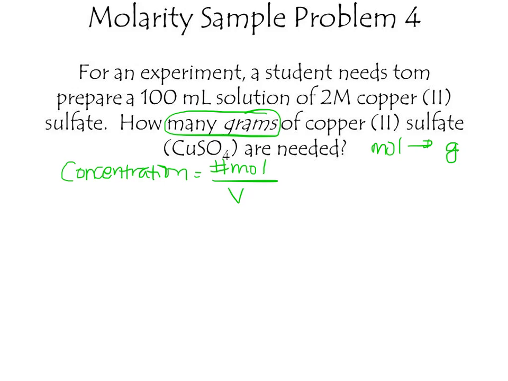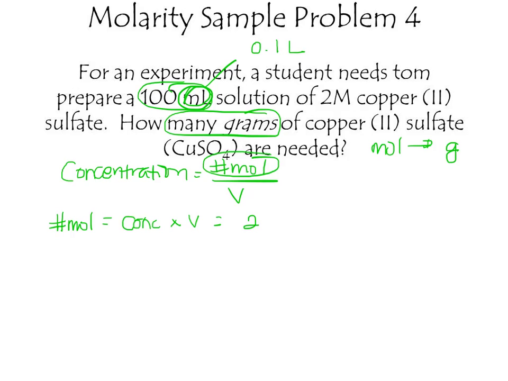Like the last problem, we're going to solve for the number of moles. So the number of moles is equal to the concentration times the volume. If you look at our volume, it's in milliliters, so we need to do a conversion, and that turns into 0.1 liters.